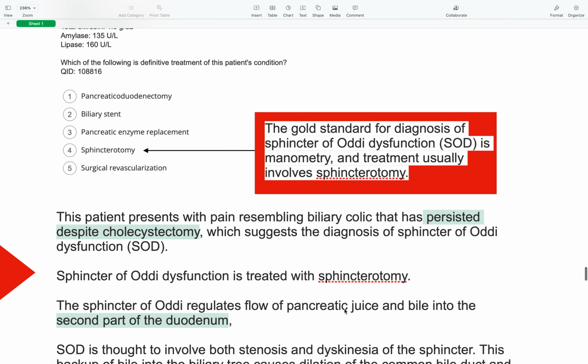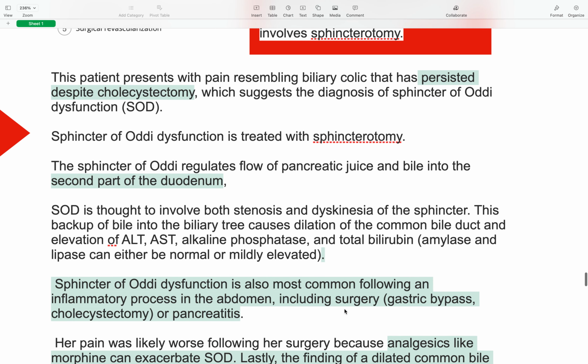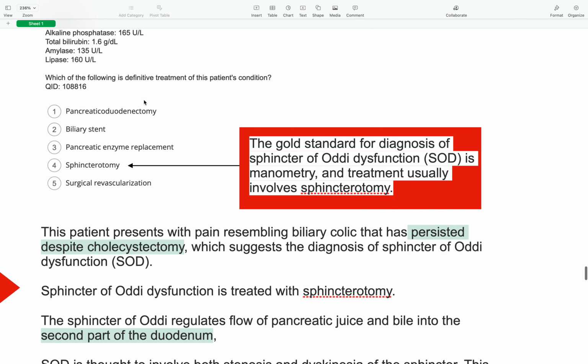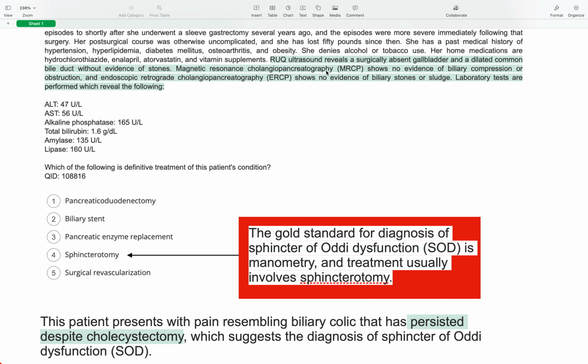So how do you know that this patient has sphincter of Oddi dysfunction? This patient presents with pain resembling biliary colic that has persisted despite cholecystectomy, which suggests a diagnosis of sphincter of Oddi dysfunction. Remember that we have excluded all other causes. We have done MRCP, we have done ERCP, and everything was excluded.